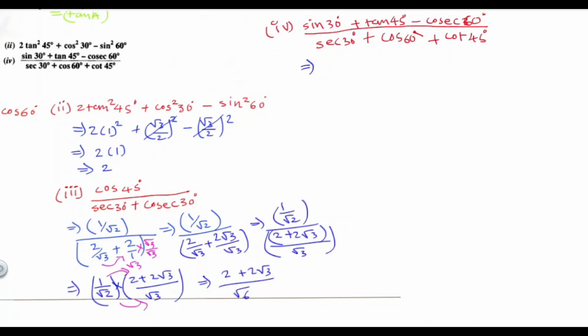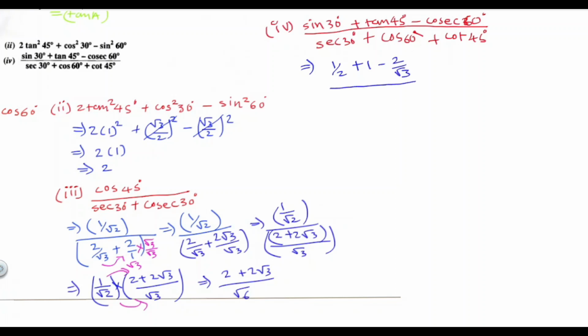So sine 30 is 1 upon 2, plus tan 45 is 1, minus cosec 60 degree, which is the inverse of sine 60 degree, and sine 60 degree is root 3 by 2. So the inverse of root 3 by 2 is 2 by root 3.